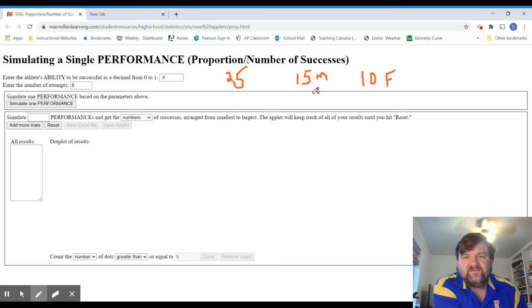When it was all said and done, they chose 8 pilots, and what happened is, I believe, 5 of them were female, and 3 of them were male.